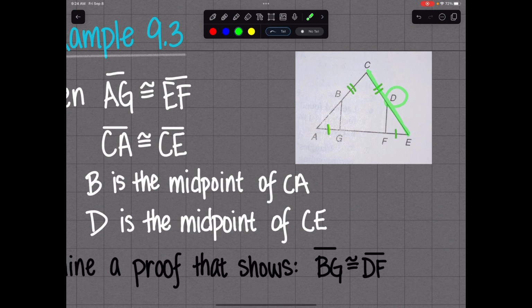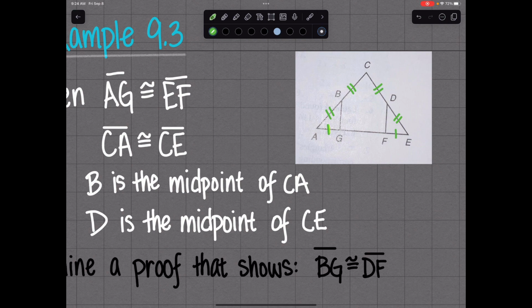So if you have two sides that are equal and you cut them each in half, that means each half is congruent. This is congruent to this, and this is congruent to this, and they're all congruent to each other because you just cut them in half. So I can do that actually.